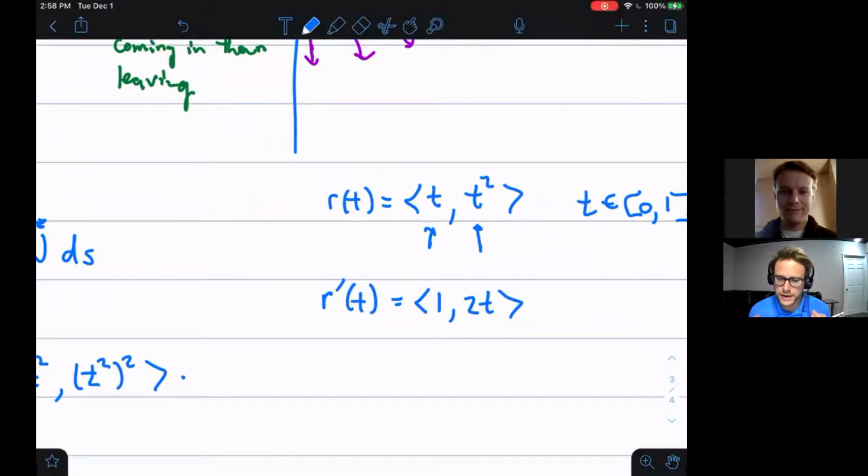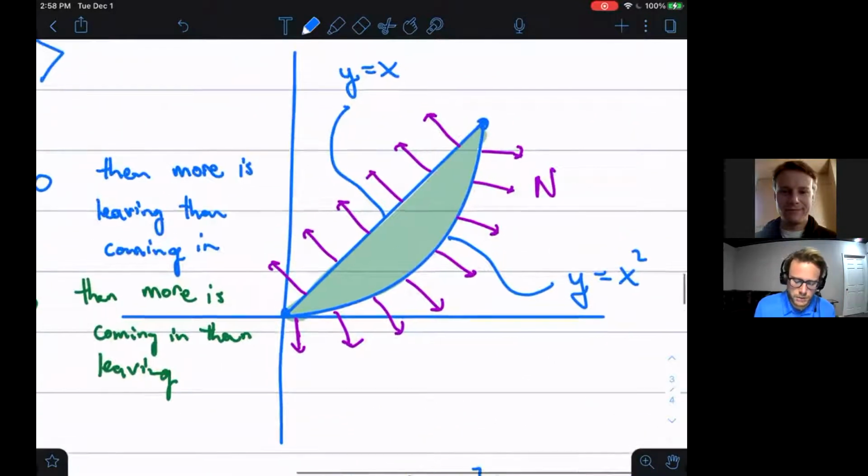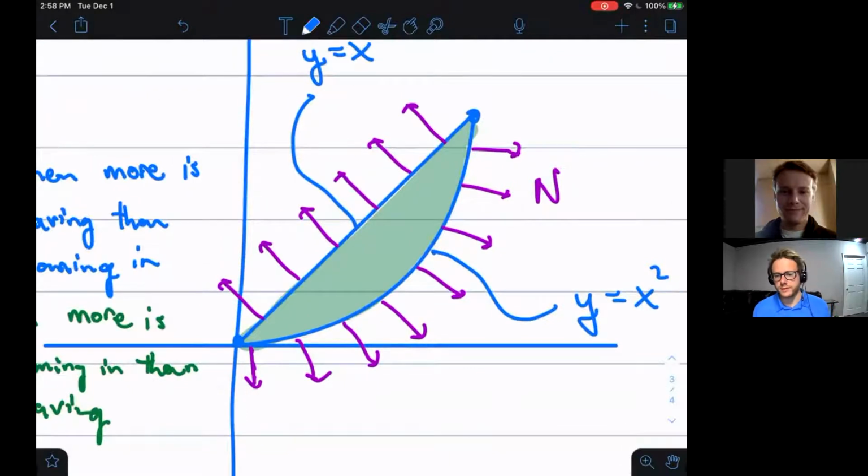Now, if you want a normal vector for this, you're going to swap the components. So I'm going to do n, the normal vector here. We're going to swap the components, and we're going to make one of them negative. We can either make the y component negative or the x component negative. And remember, the normal vector is what determines whether we're calculating the inward flux or the outward flux. We want to make sure that our normal vector is pointing outwards.